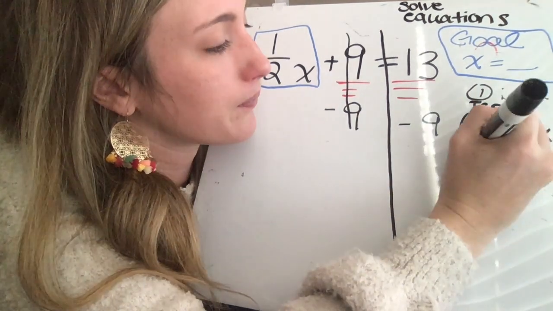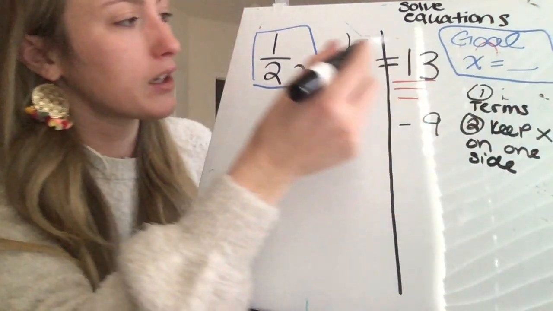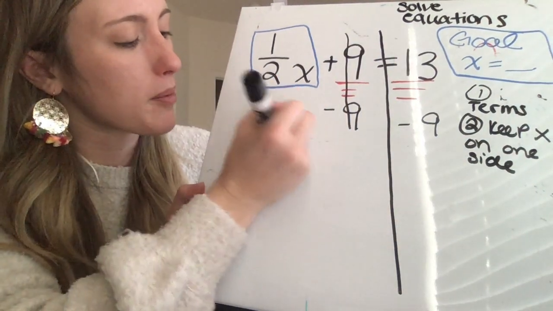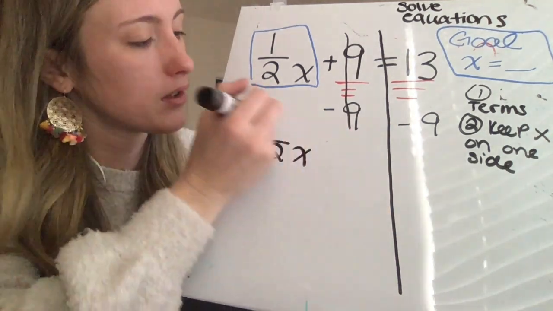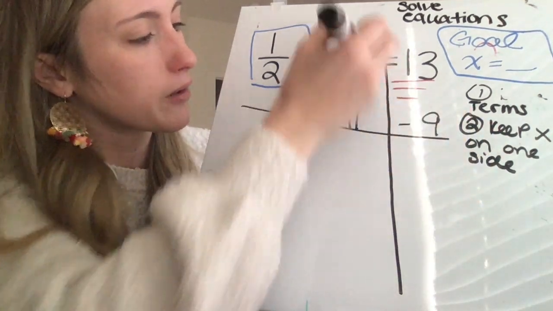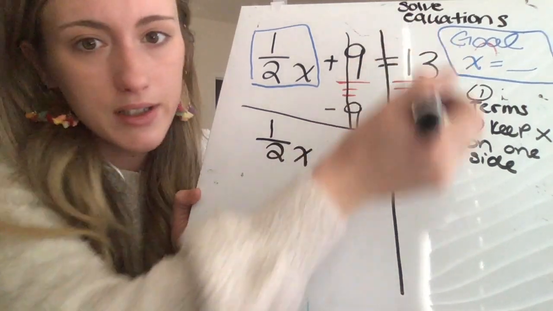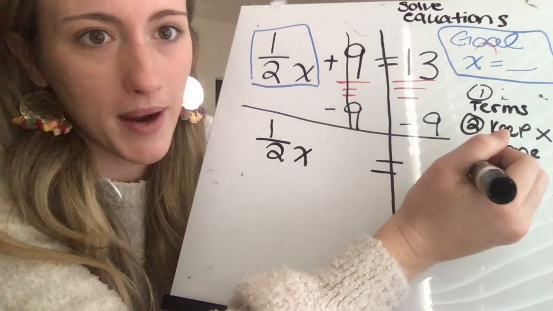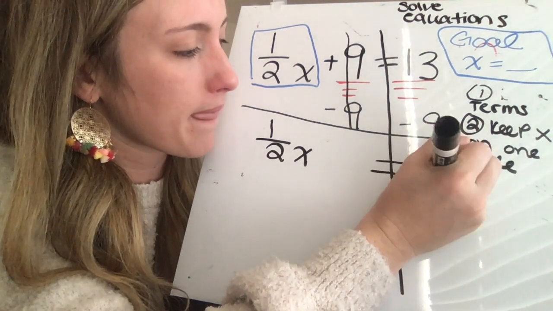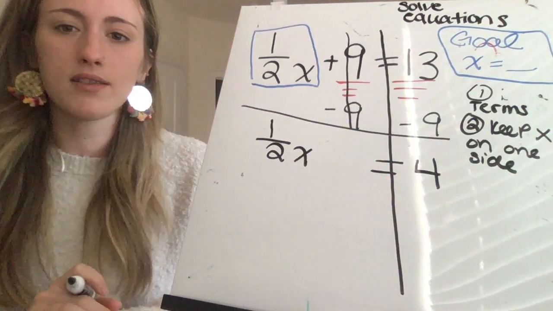Here. So now I'm dropping everything down. One half x, that is a full term in itself. Got rid of that, equals 13 minus 9. What's 13 minus 9? 4. One half x equals 4.